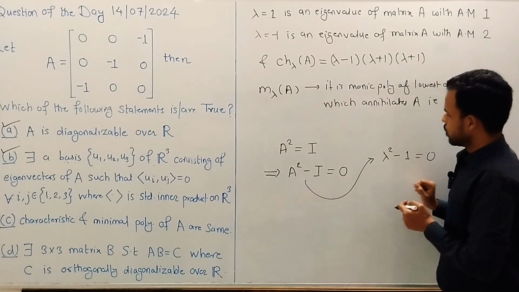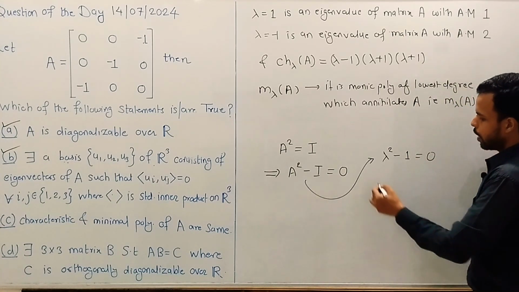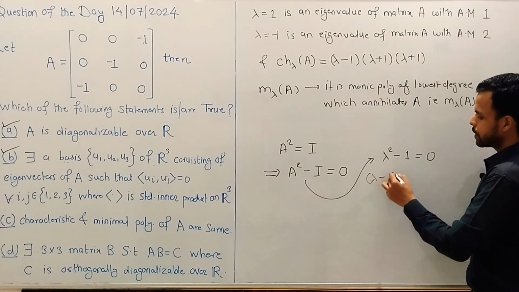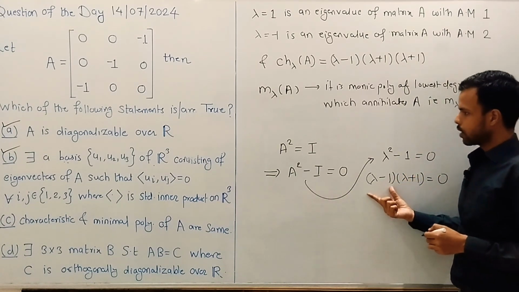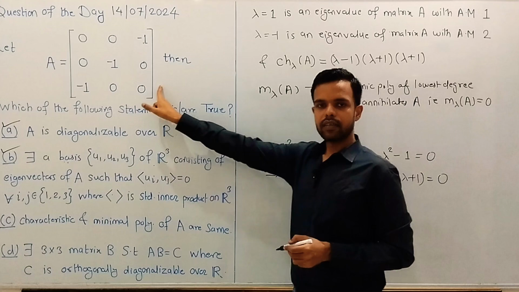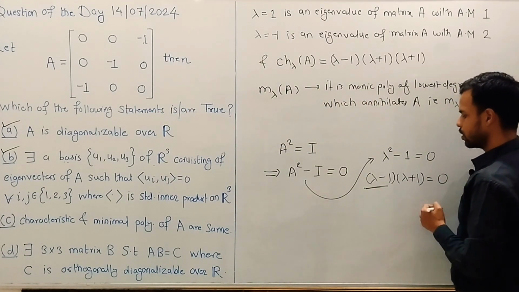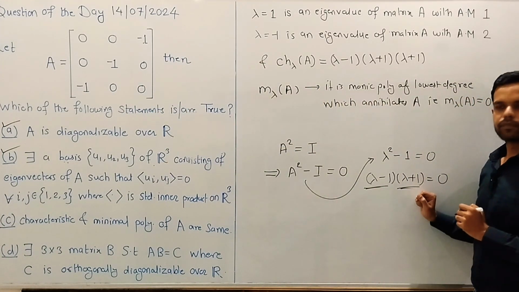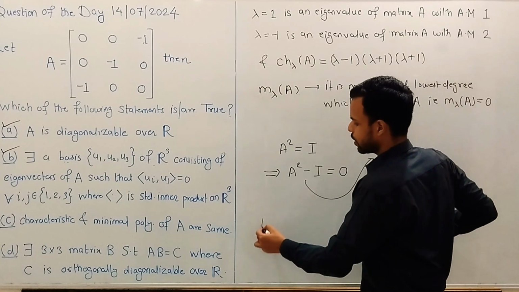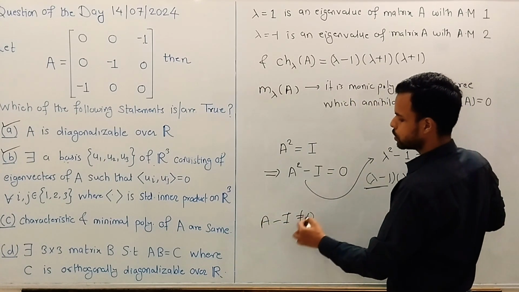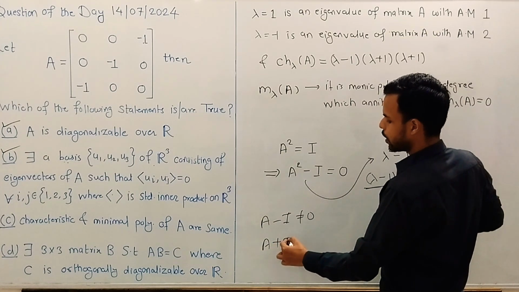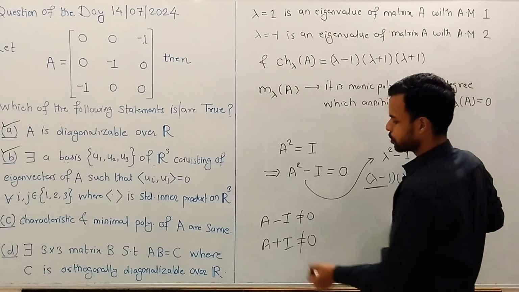Now, if I factor this as lambda minus 1 times lambda plus 1, does this matrix satisfy either factor? You can clearly verify that A minus I is not equal to 0 and A plus I is also not equal to 0.